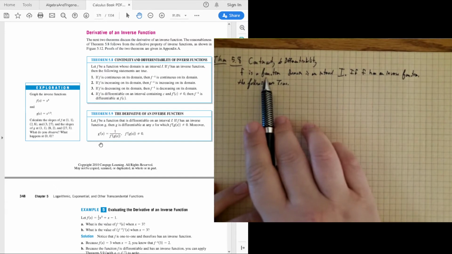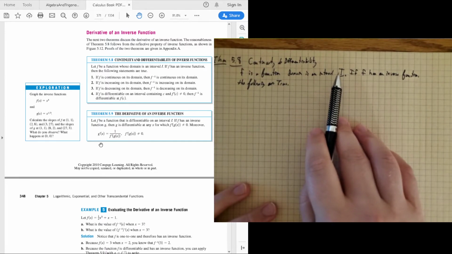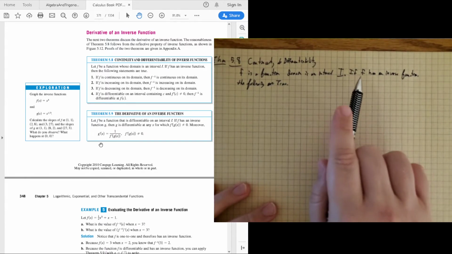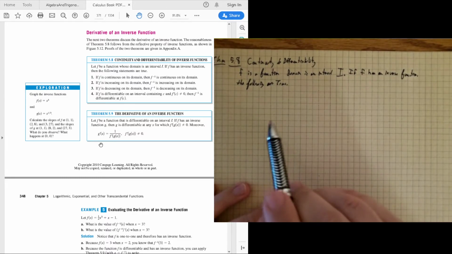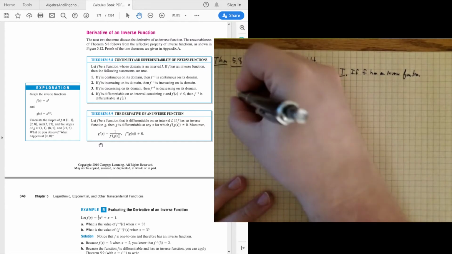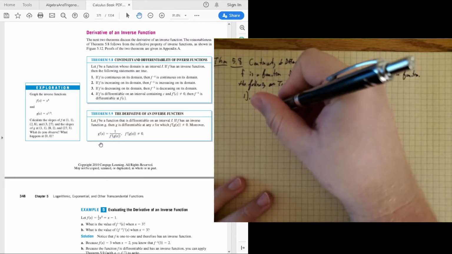So it has to be a function with a domain on an interval. So that's most functions. But it has to already have an inverse. If it has an inverse, the following statements are all going to be true. First one. Okay.